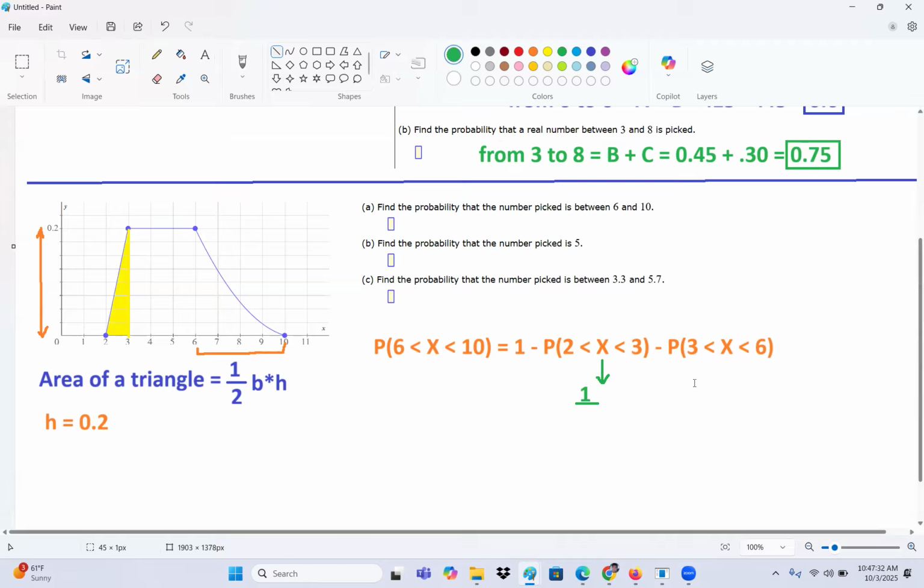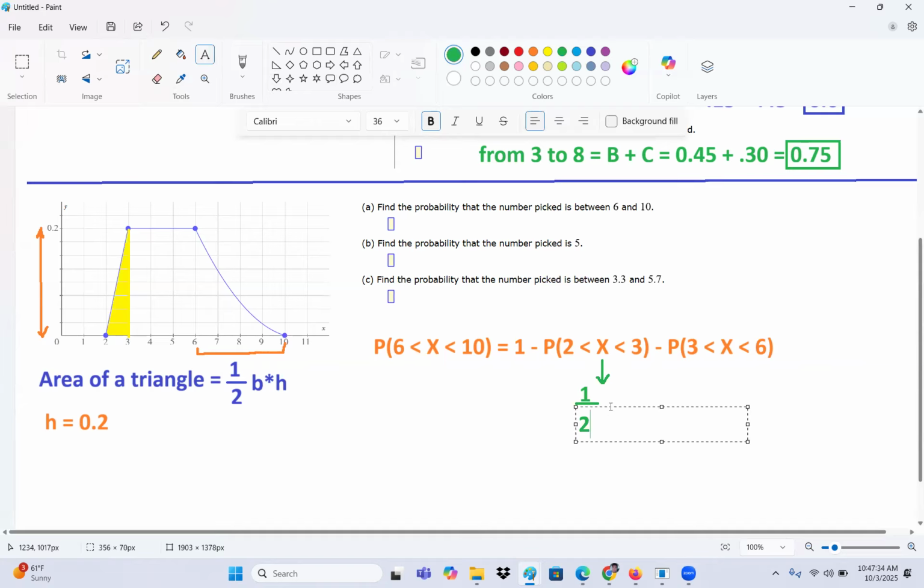You have to memorize this. 1/2 times the base, which is the difference between 3 and 2, is 1, times the height 0.2, so we can figure it out. This one is just 0.1.